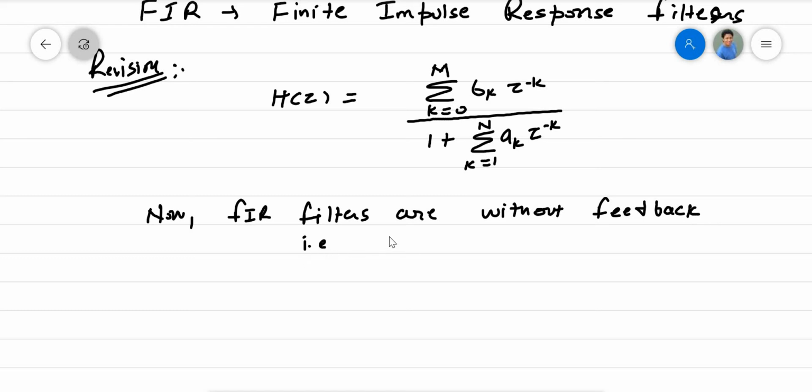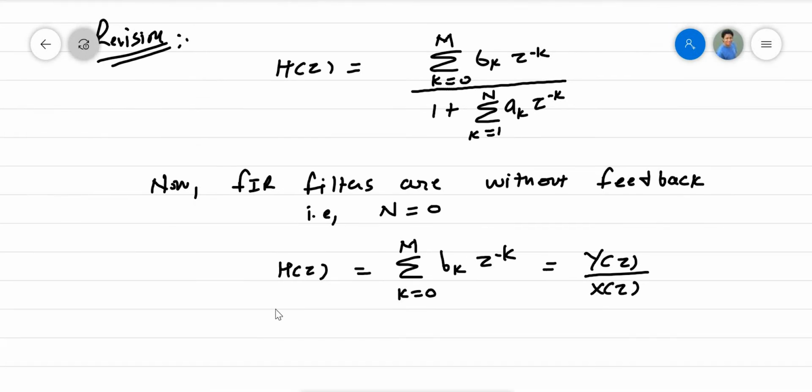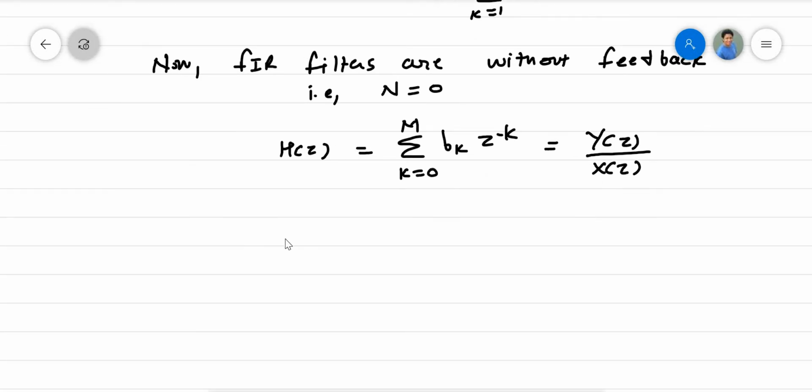That means N is equal to 0. So H(z) is equal to summation k equals 0 to M b_k z^-k. Then by equating to Y(z) over X(z), we can find out y[n] equals summation k equals 0 to M b_k x[n-k], right?